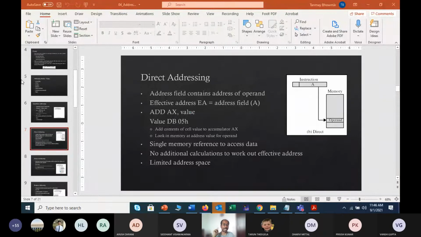While studying the addressing modes, we have done immediate addressing and direct addressing till now. What we observed in case of immediate addressing, I gave you one example. I can give the same example again, and from that we will move around.